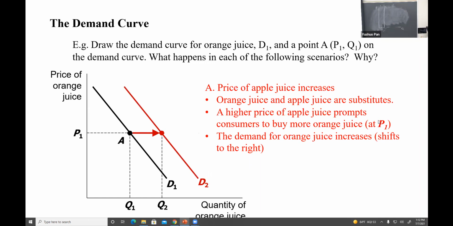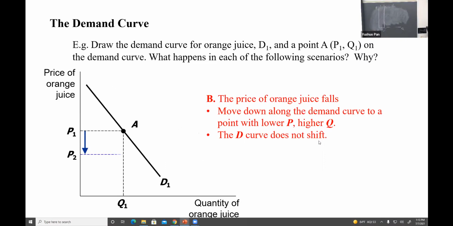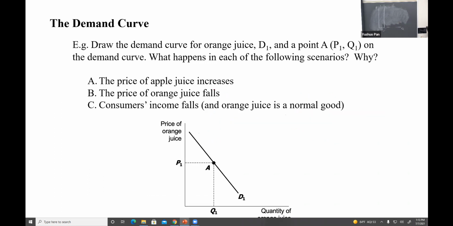The price of apple juice increases, and orange juice and apple juice are substitutes, so higher price, and so on. What about B? The price of orange juice falls. If the price gets lower, then the quantity demanded will increase, right? Again, it's just the movement along the curve, not the move of the curve. How about C?